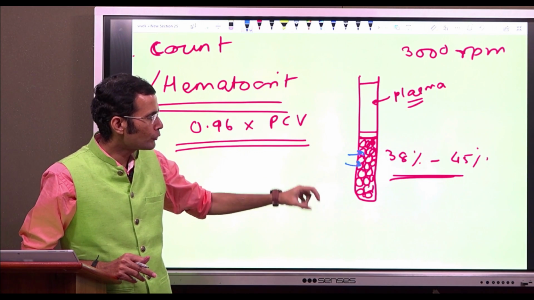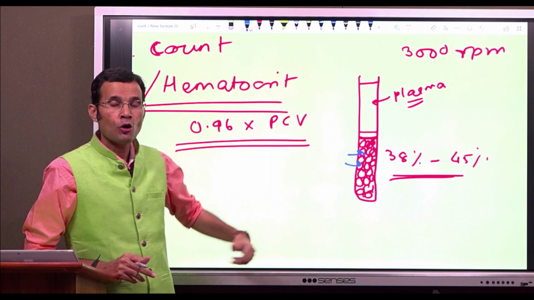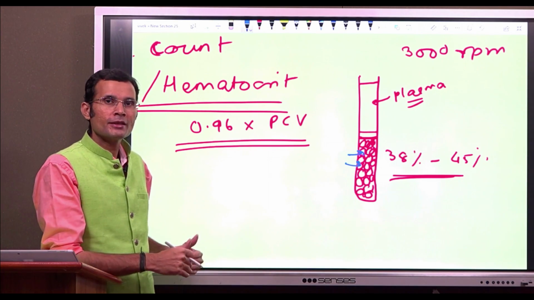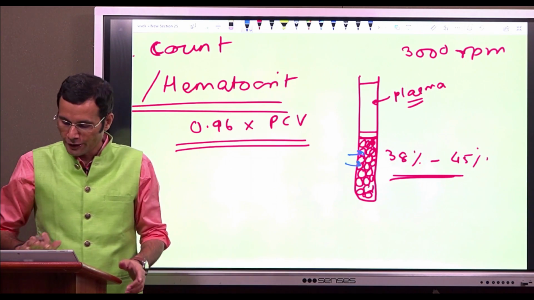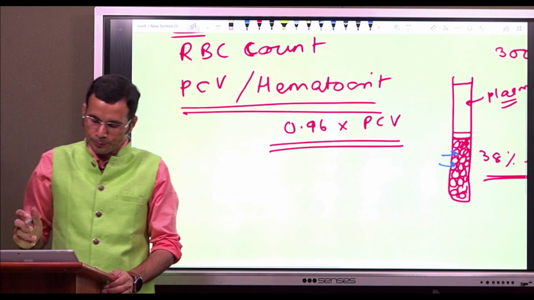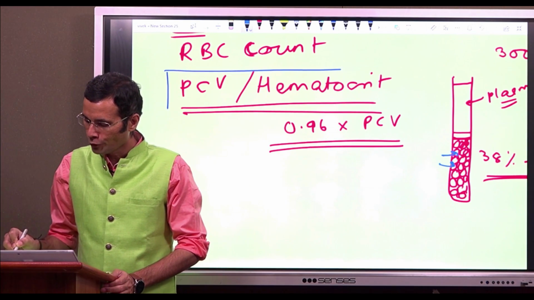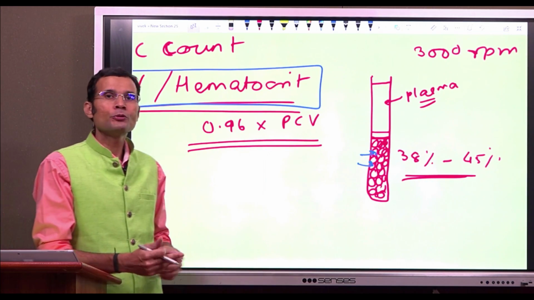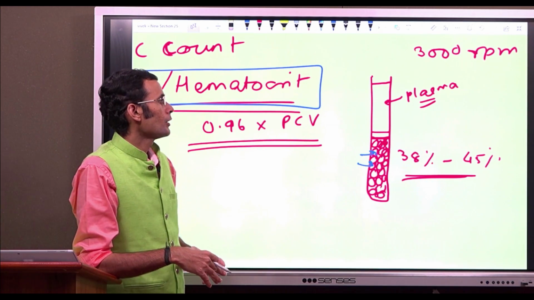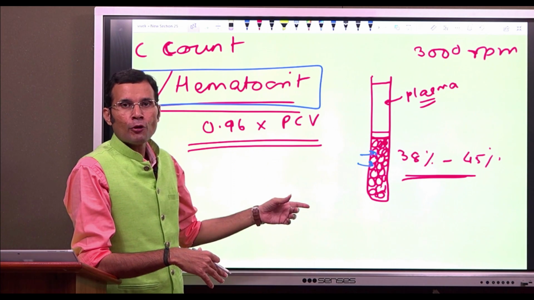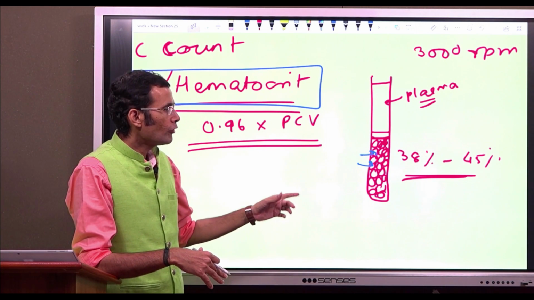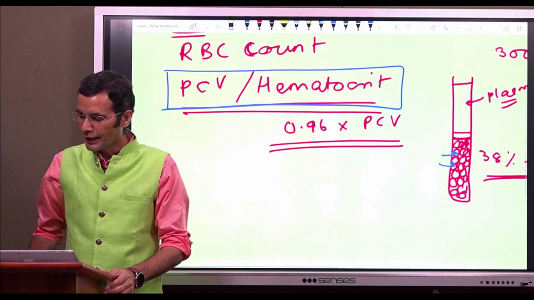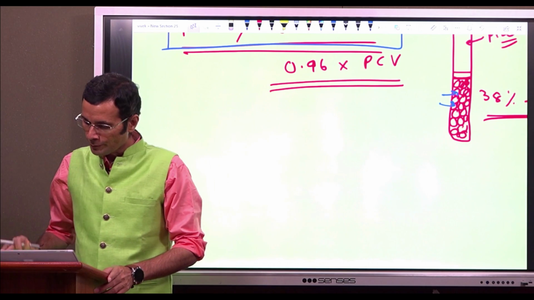So, we take only 96% of the value we obtained after the procedure. That's the packed cell volume or hematocrit. Obviously, if the RBC count has reduced in anemia, then the PCV also will be less than 38%. So, that is an indicator of a reduced RBC count.